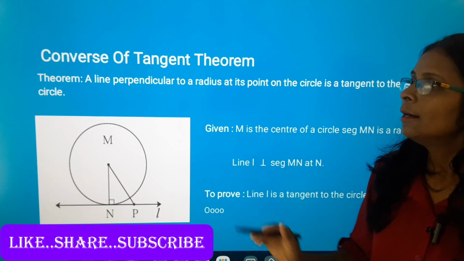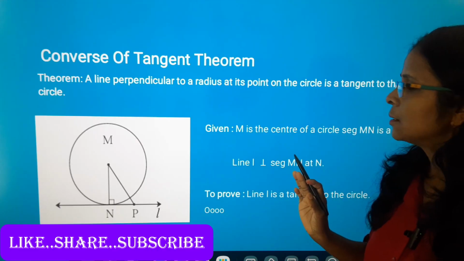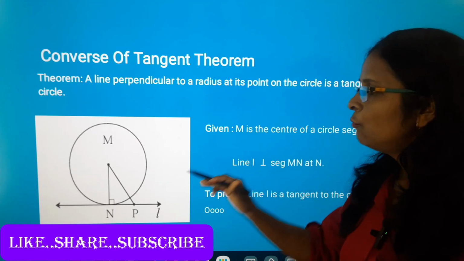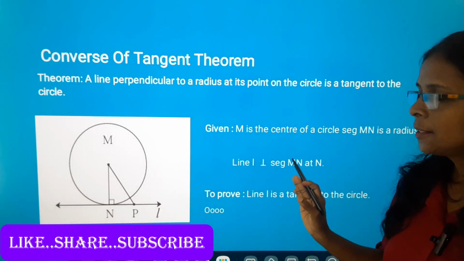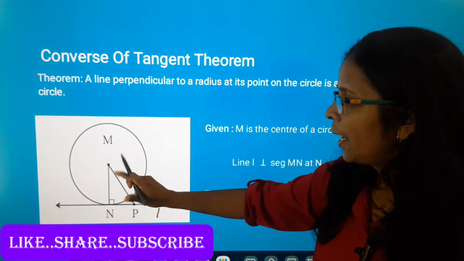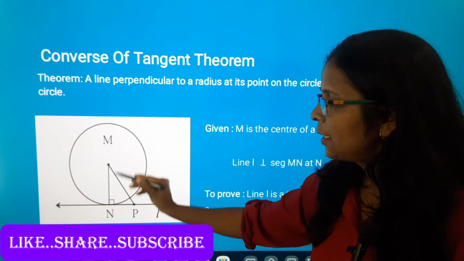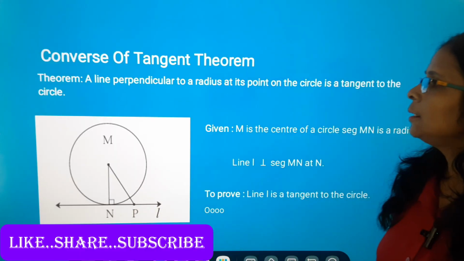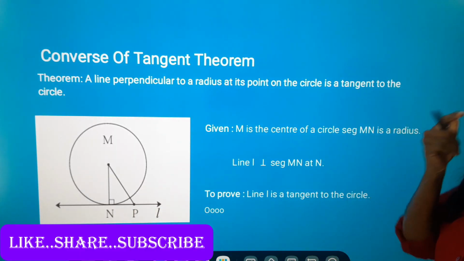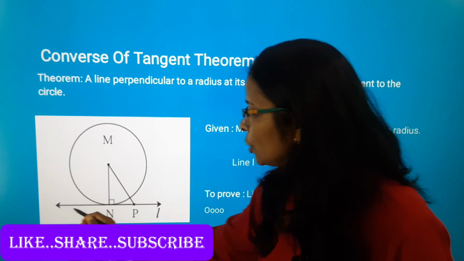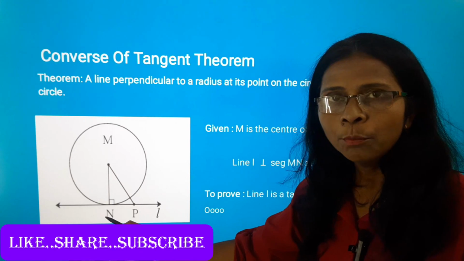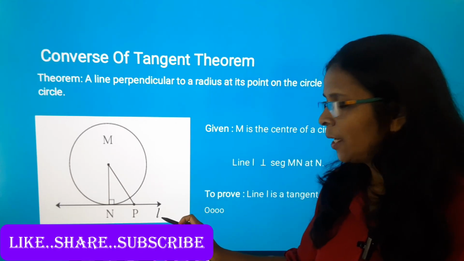We draw a circle where M is the center and MN is the radius of the circle, and we draw a tangent passing through the point N.